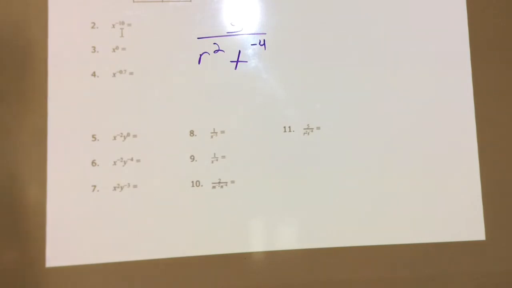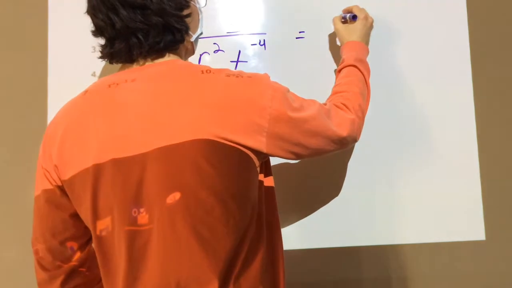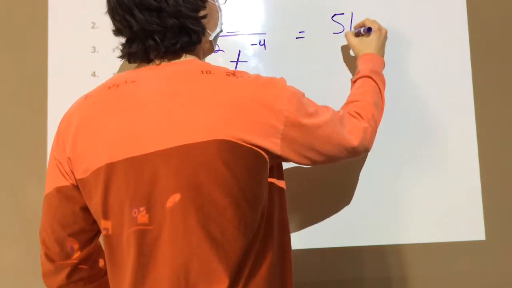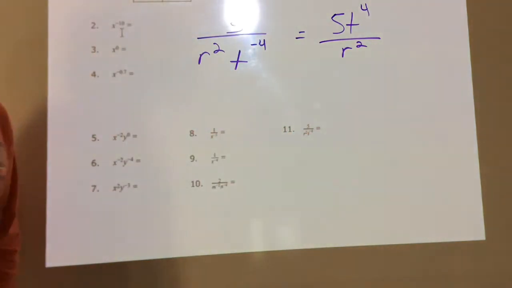So, all right. Here's what I got for this one. 5 t to the 4th over r squared.